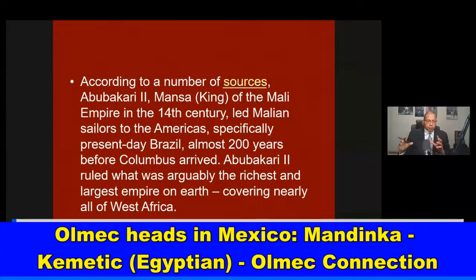In this article, it says, according to a number of sources, Abu Bakr II, Mansa, which means king, Mansa of the Mali Empire in the 14th century, led Malian sailors to the Americas, specifically present-day Brazil, almost 200 years before Christopher Columbus arrived. Abu Bakr II ruled what was arguably the richest and largest empire on earth, covering nearly all of West Africa.